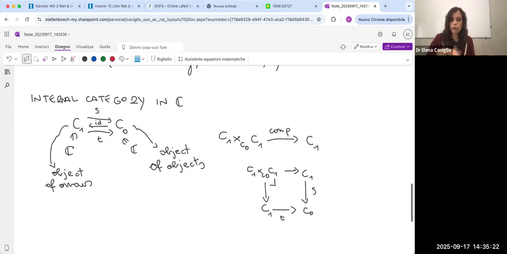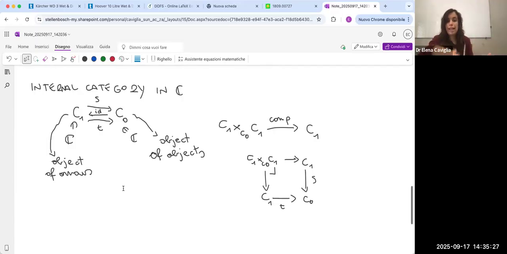So I have a way to encode internally in the category C all the data I need for a category: objects, arrows, identities, and composition. And then I can ask that these data satisfy all the usual axioms for categories, and these axioms now become commutative diagrams in the category C. We're not going to see them in detail, but the axioms of a category are written as commutative diagrams in C.